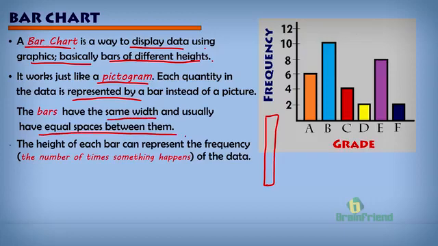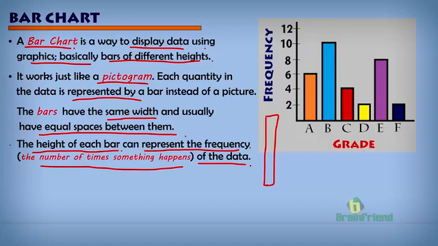Now, the bars are very distinct because the height of each bar can be used to represent the frequency of our data. Remember, we said the frequency is the number of times something happens. So when we have data that occurs a number of times, we say the frequency of that data is so and so. The height of the bar represents this frequency.